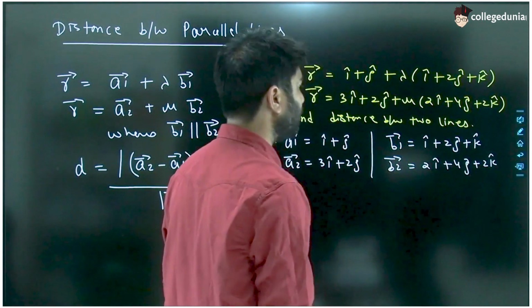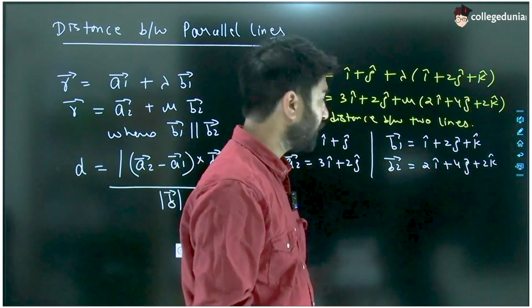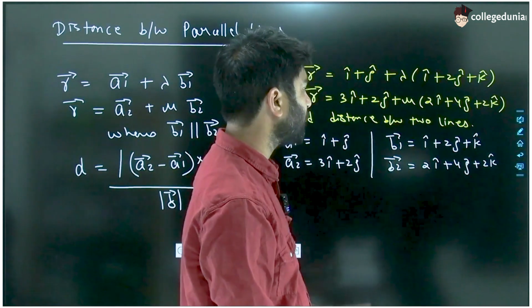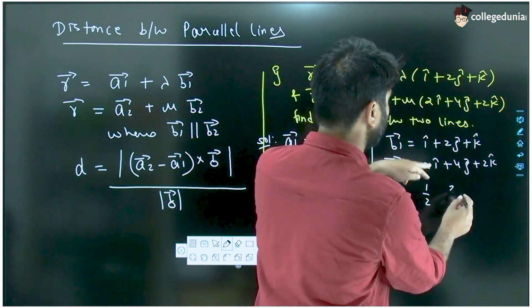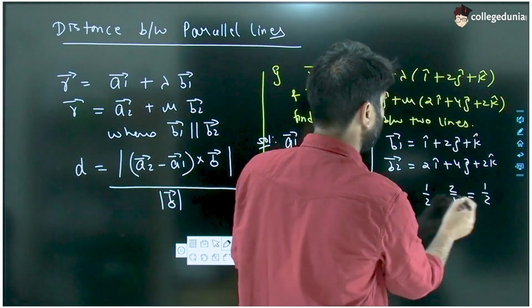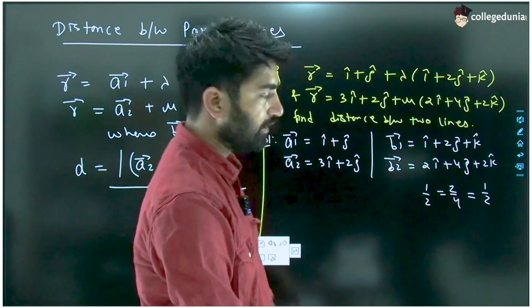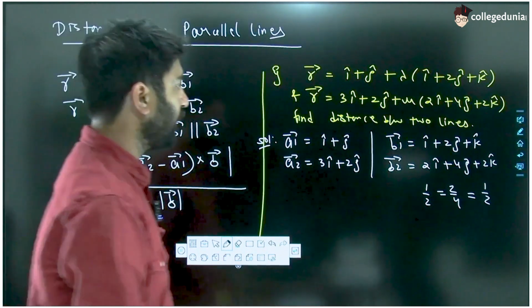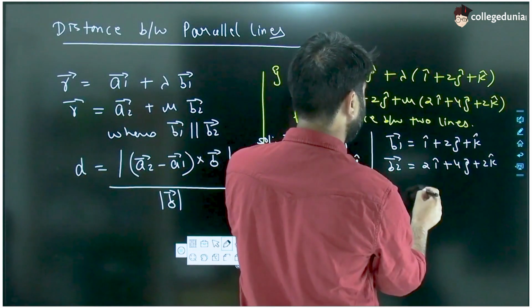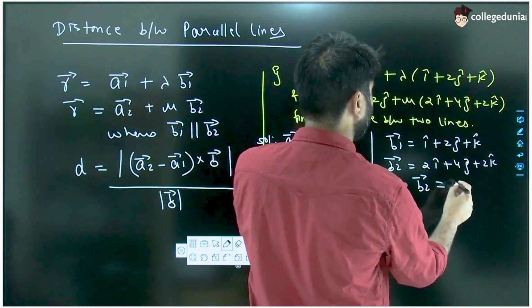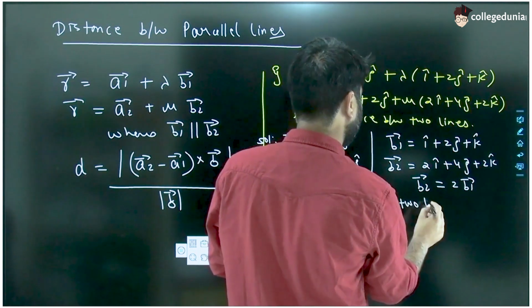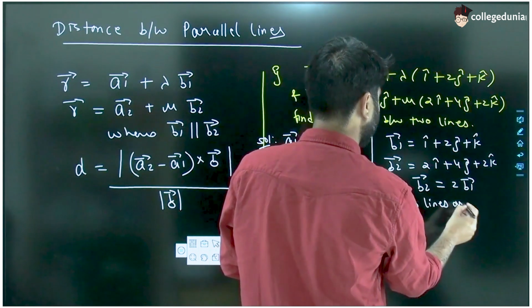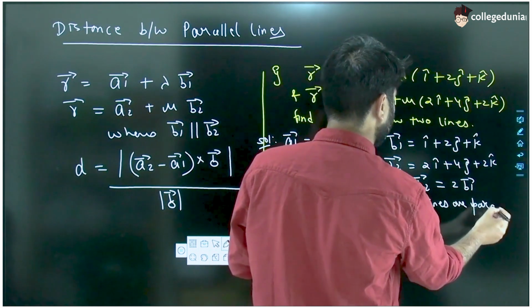And as you can see, the direction ratios of b1 vector and b2 vector both are proportional. You can see 1 by 2, 2 by 4 and 1 by 2. All these ratios are equal. They all are proportional. So I can say this b2 vector is twice of b1 vector. So two lines are parallel.